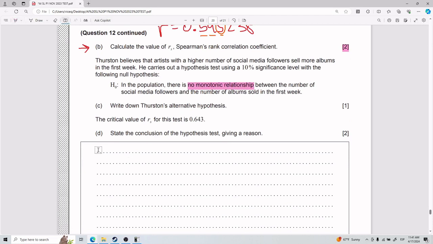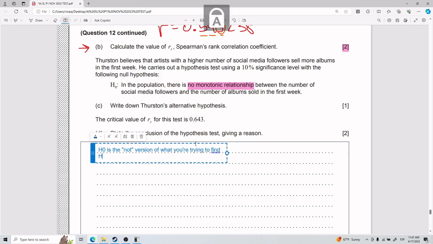Now, a quick rule of thumb I can share with you right away is that H0 is the not version of what you are trying to find. Okay? And H1 is the opposite of that, usually, of what you're trying to find.